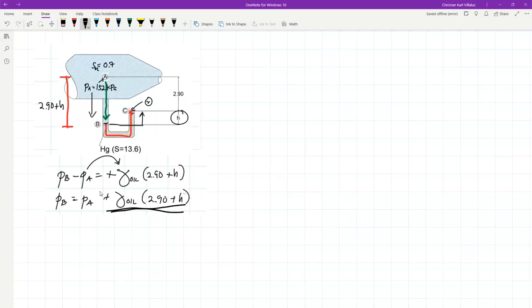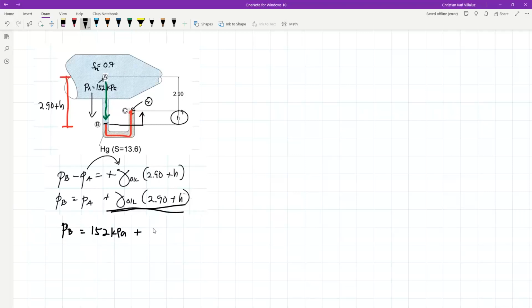So with reference from point A going to point B, it is going downward. So it is positive. So to determine the pressure at point B, the pressure A is given with 152 kilopascal, added by the unit weight of oil.